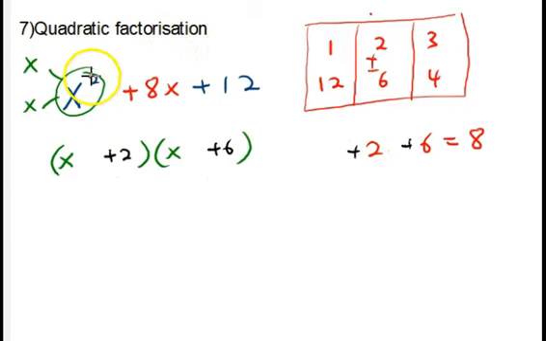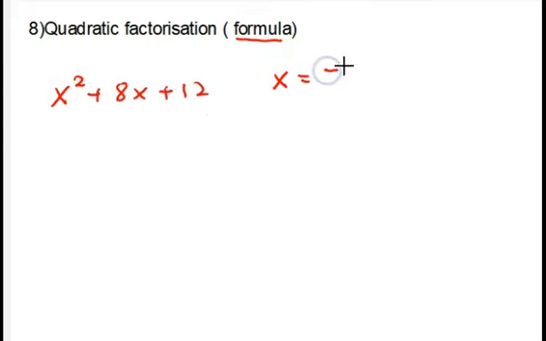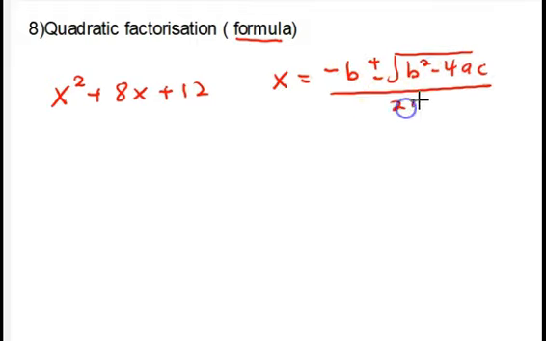Now I'm going to teach you quadratic factorization by using the formula. Same thing here, using the formula. For example, I write the previous example here, 12. The formula will be x equals negative b plus or minus the square root of b squared minus 4ac, over 2a.